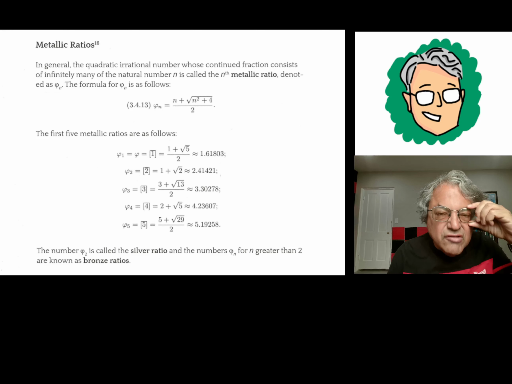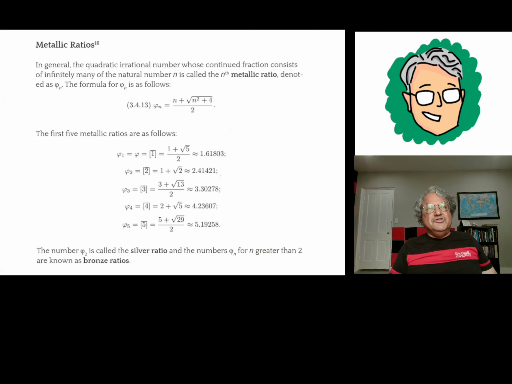And you might wonder why these are interesting. Well, they're interesting for the same reason the golden ratio is interesting. I have a longer video on these metallic ratios you might want to watch, which I made several months ago. But just like Fibonacci numbers are related to the golden ratio, there are sequences of numbers closely related to each of these metallic ratios. For the silver ratio, the related sequences are Pell numbers.